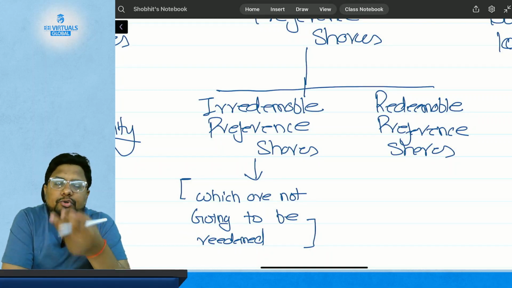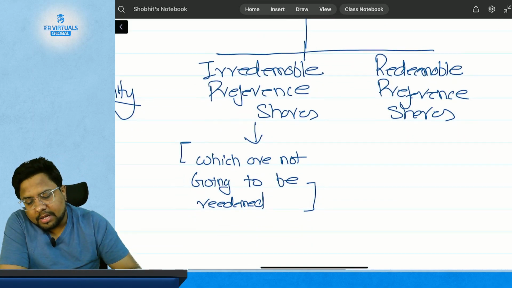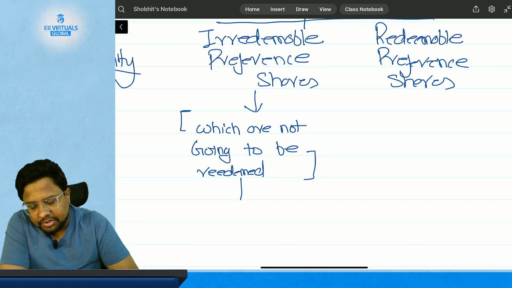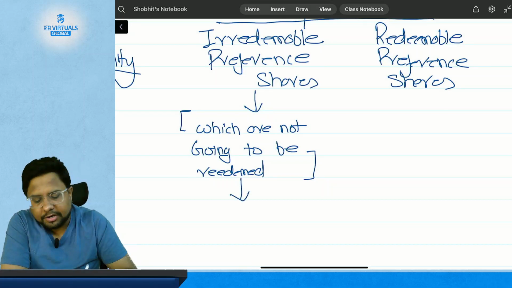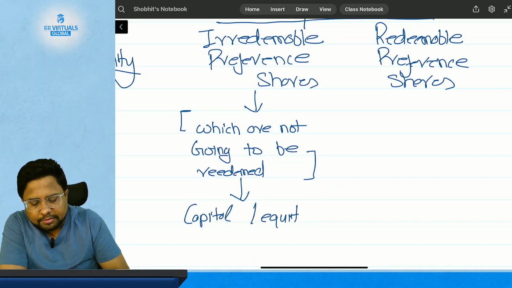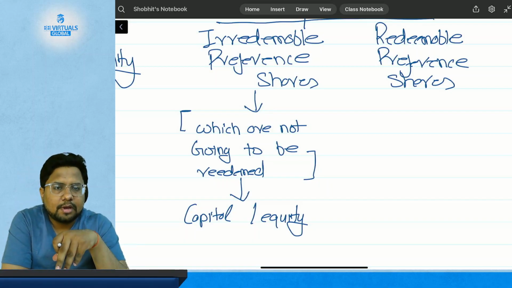They have issued their preference shares and are not going to redeem them. As there is no obligation to redeem them, irredeemable preference shares are treated as capital or equity for the purpose of accounting.